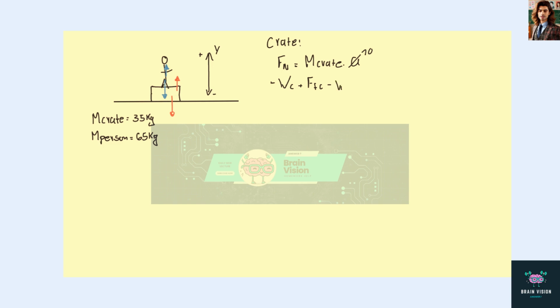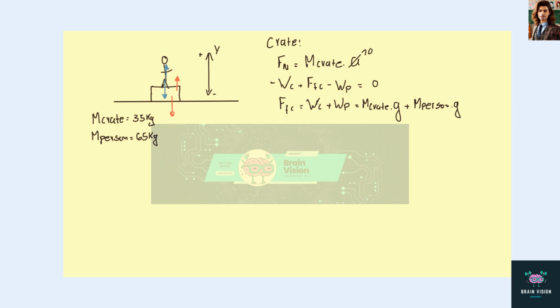So minus the weight of the person, and this is equal to 0. Therefore, the force that the floor exerts on the crate is equal to the weight of the crate plus the weight of the person. And this is equal to the mass of the crate times the acceleration of gravity plus the mass of the person times the acceleration of gravity.